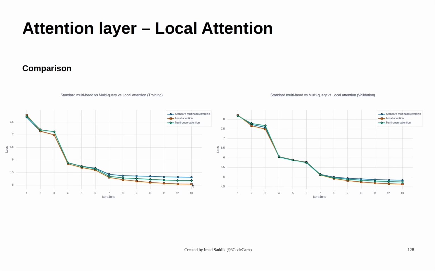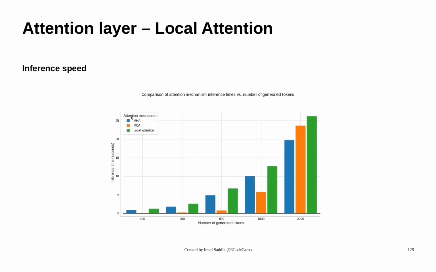But if we compare local attention to the baseline, which in this case is the standard multi-head attention, you can see that the gap is starting to increase. Here is the inference speed. You can see that local attention is not as fast as multi-query attention. It's even worse than multi-head attention in this configuration that I have tested.